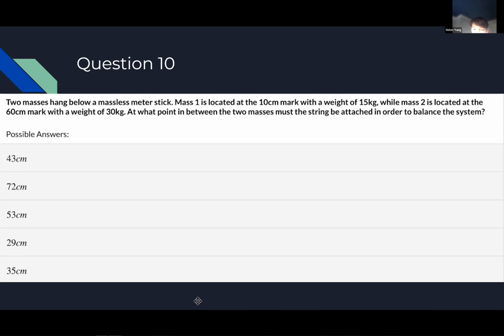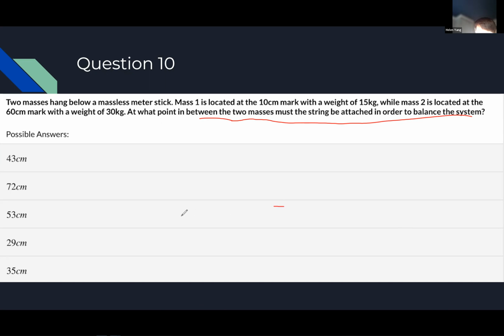Mass 1 is located at the 10 centimeter mark with a weight of 15 kg, while mass 2 is located at the 60 centimeter mark with a weight of 30 kg. At what point between the two masses must the string be attached in order to balance the system?